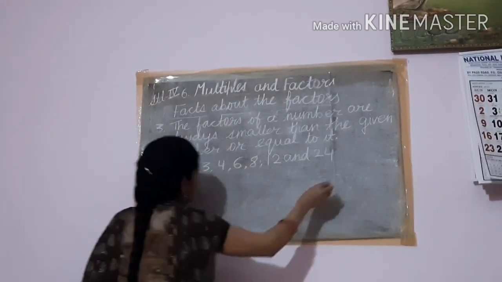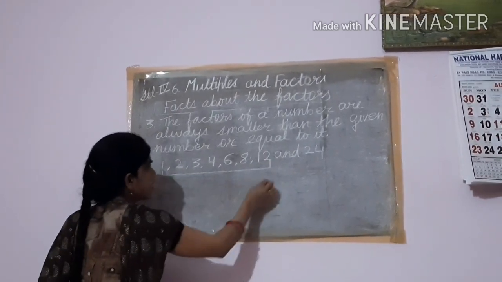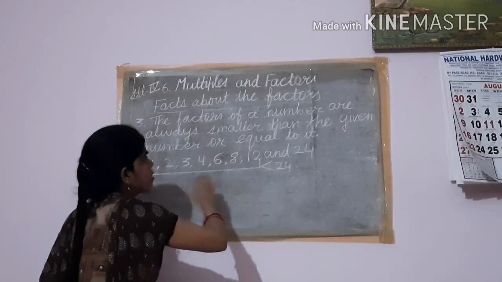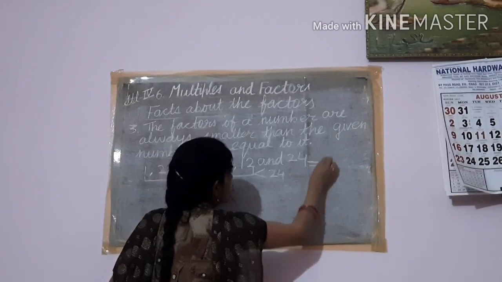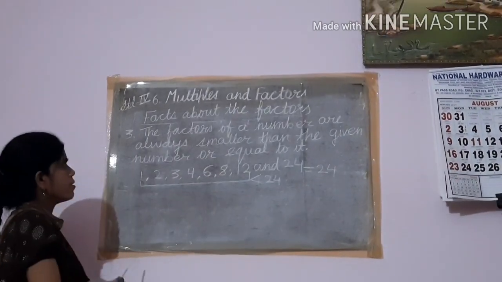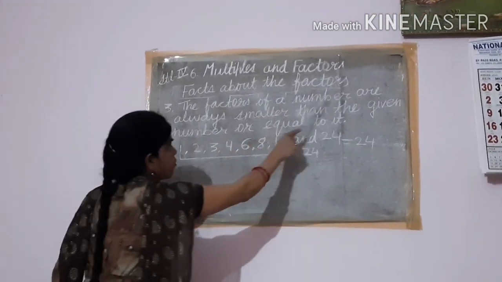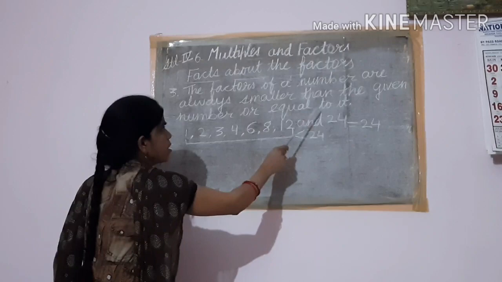So here children, see, these numbers are all less than 24 and this factor is equal to 24. So it concludes that the factors of a number are always smaller than the given number or equal to it.